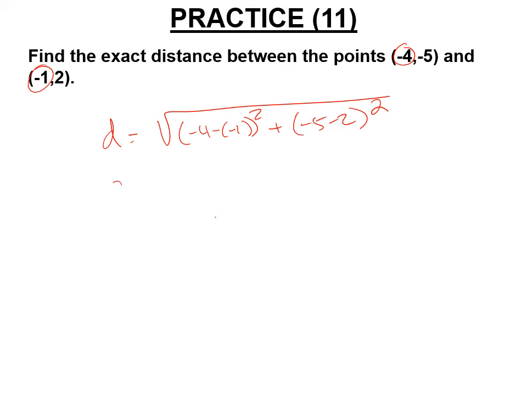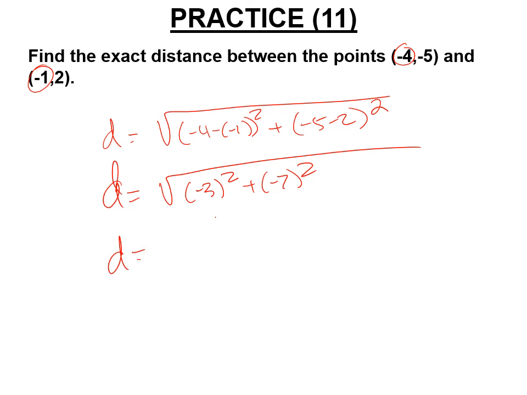And -4 minus -1 is -3, so this is -3 squared. -5 minus 2 is -7 squared. And this here is intentional. So you see that even if you get +3, -3, doesn't matter. That's 9. That's 49. And 9 plus 49 is 58.